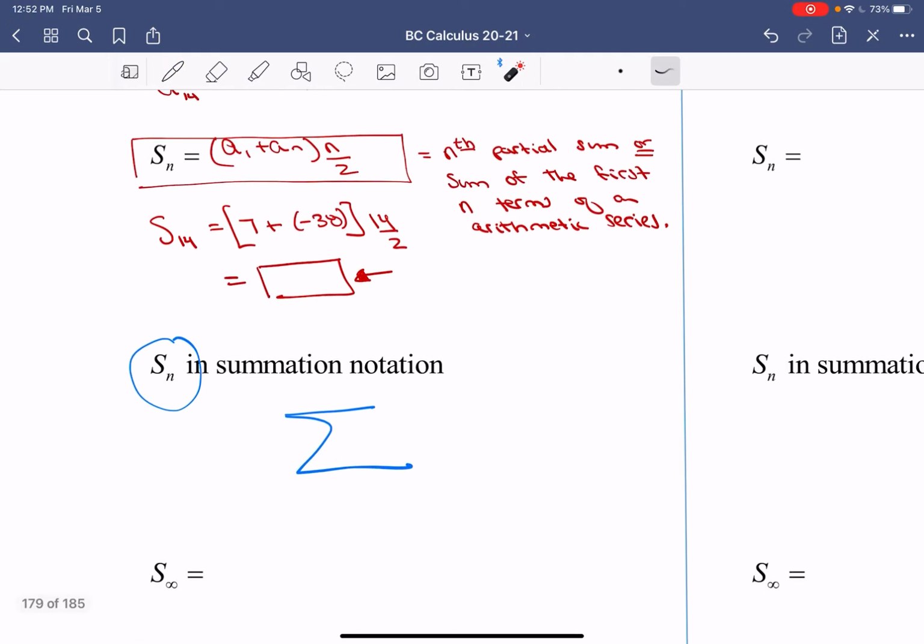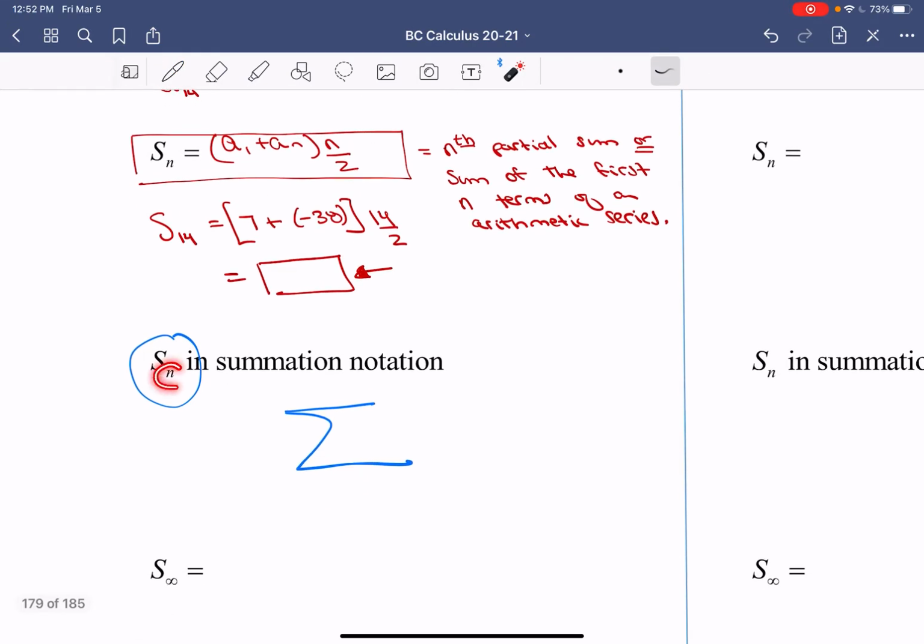And this notation is saying the sum of the first n terms, right? So I would like to say the summation from, let's say, k equals 1, and I want to end at n. What's critical here is I want the number of terms I'm adding to correspond to that letter right here.